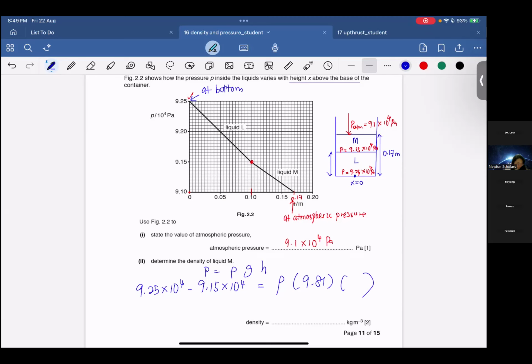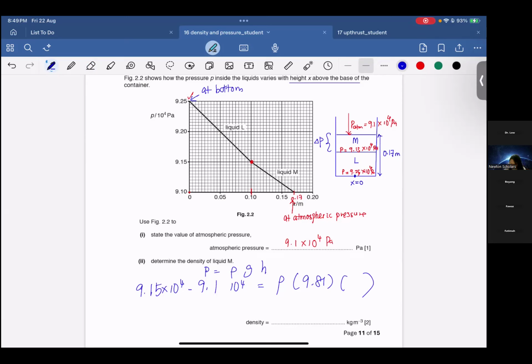The height should be for the liquid M. So this one is 0.15, this one is 9.1.